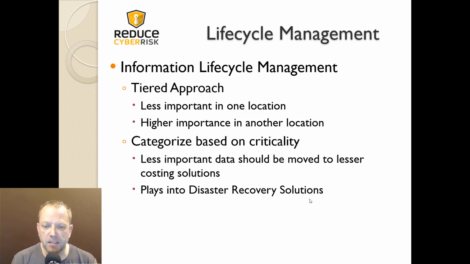You need to categorize it based on criticality. Now, it's important that the data be moved to a lesser costing solution. In some cases where you have data that is unstructured, it's not important, and you've already categorized it as not important, moving it to a location that's not as protected will save you money.